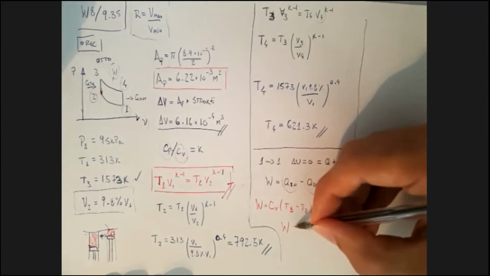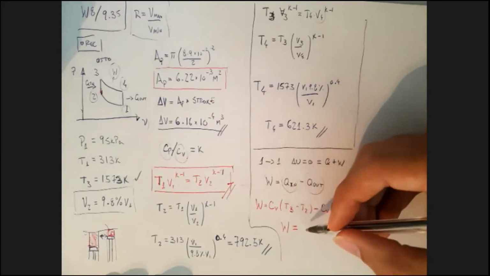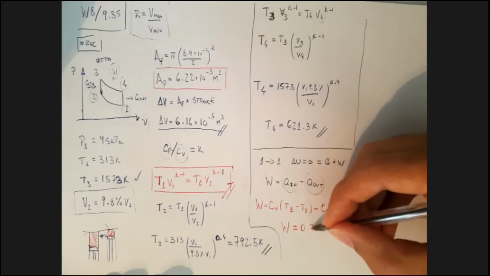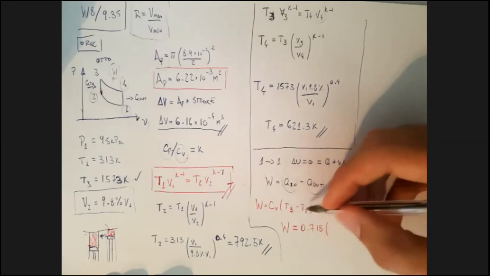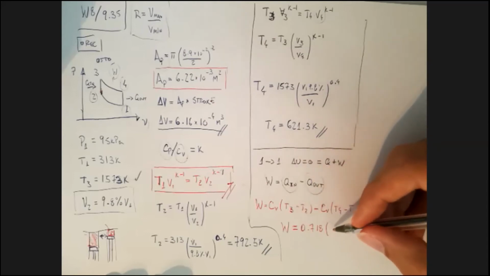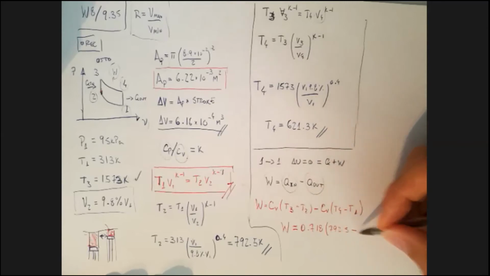So my work output will be, what is my CV? 0.718. Okay, times T3 minus T2, we have all of those guys.